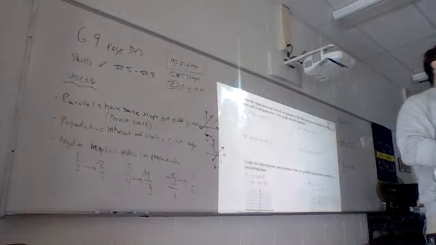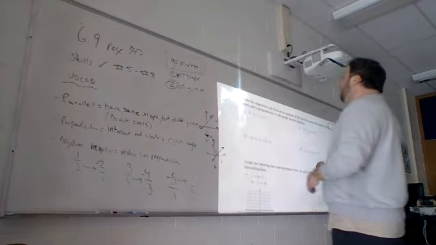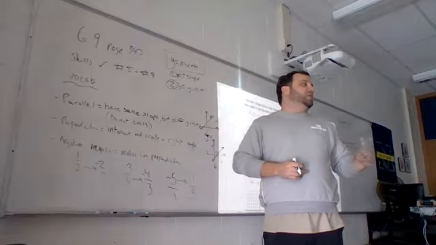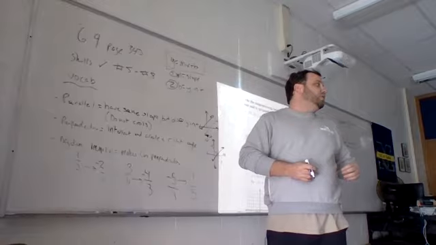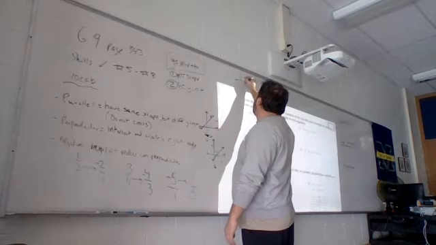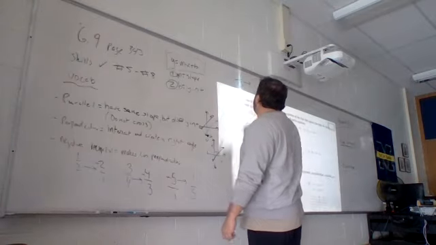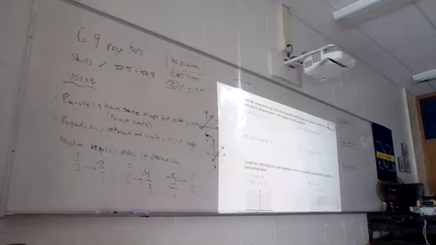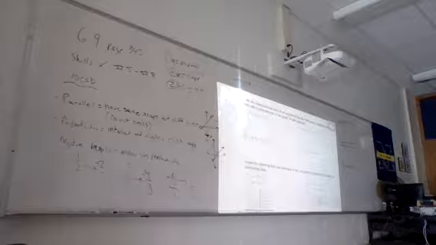Okay, in your group right now, come up with one person, I don't care who, and when you figure it out, hold up on your hand what the perpendicular slope is to negative 1/3. So what's the perpendicular slope to negative 1/3? Talk to your partner, and we're just going to flip it and change the sign.